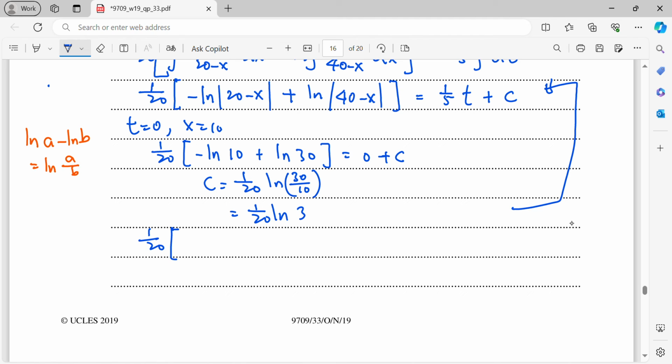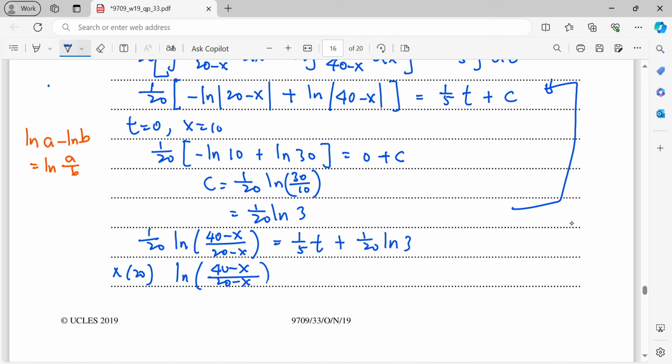So it will be ln of 40 minus x over 20 minus x, because of minus of 2 ln, that equals 1 over 5 t plus 1 over 20 ln 3. And now I will times the whole equation by 20. So therefore ln of 40 minus x divided by 20 minus x, that is 1 over 5 times 20 is 4. Okay, then you will get 4t plus ln 3.